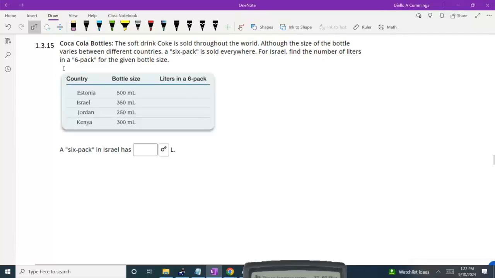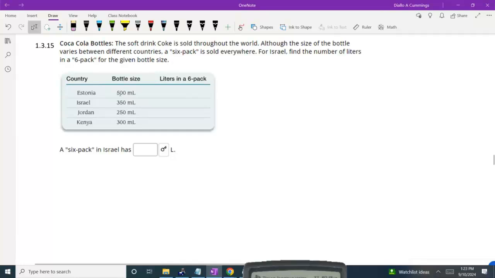For Israel, find the number of liters in a six-pack for the given bottle size. So if I look at Israel, the bottle size is 350 milliliters. We're asked to find out how many liters are in a six-pack.